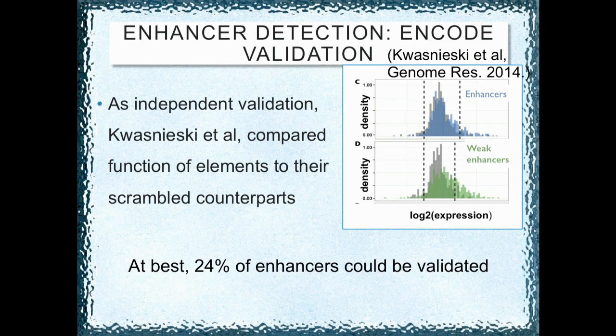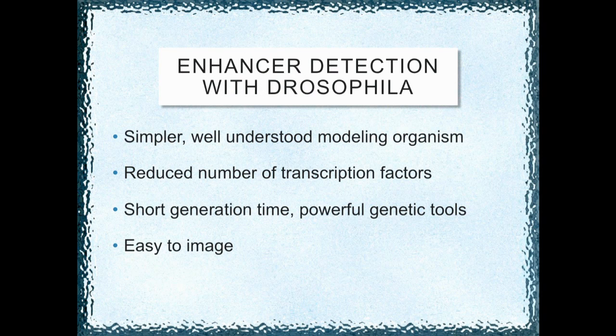So we have focused our attention on the early Drosophila embryo at stage 5. The reason we're focusing there is because the transcription regulation network is much simpler. It is very well known.